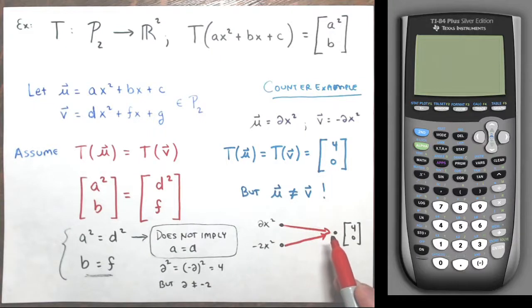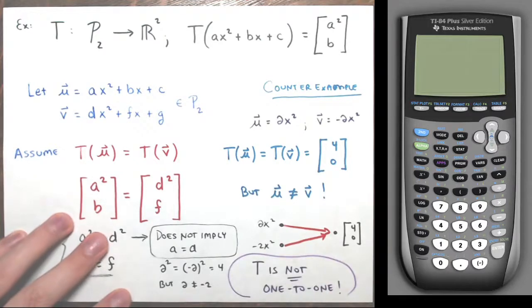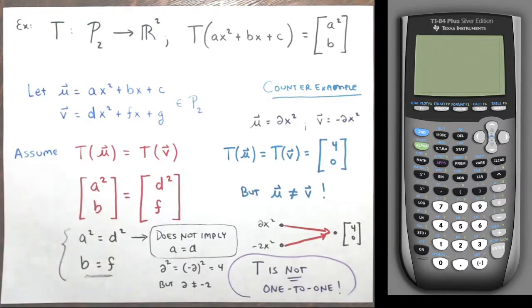We have an element of the range that is mapped to by more than one element of the domain. So T is not one-to-one, or not injective. Okay, wonderful.